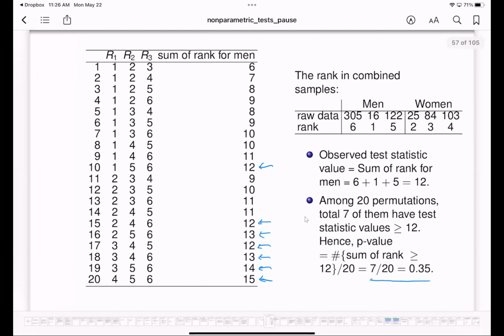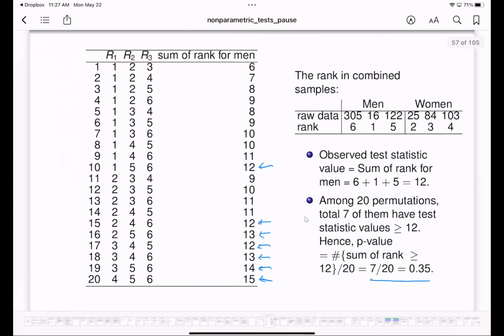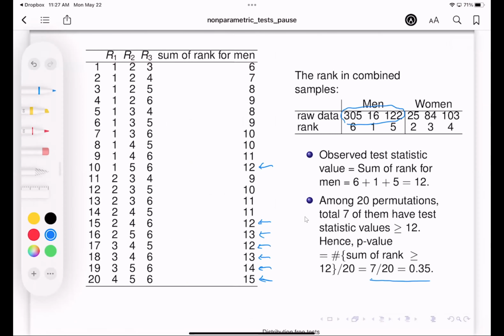Therefore, we would say that there's no evidence to support that men download more movies than women. By looking at these numbers, we tend to say that men may be downloading more, but because the variation is really big, we cannot rule out that these numbers happen to be bigger simply by chance.